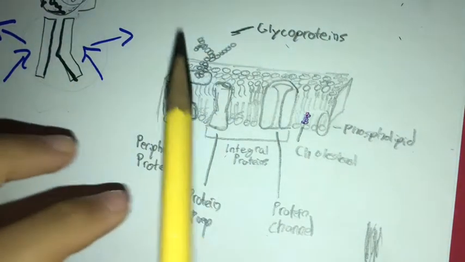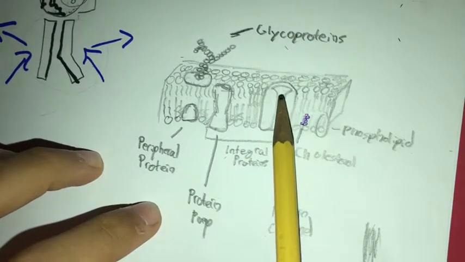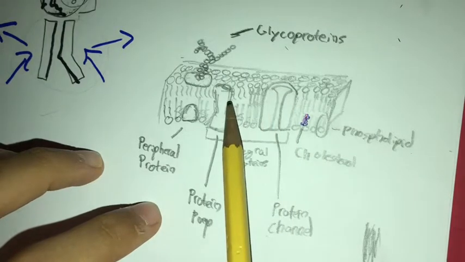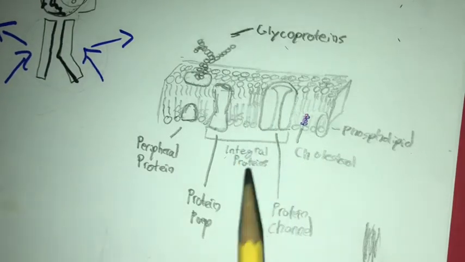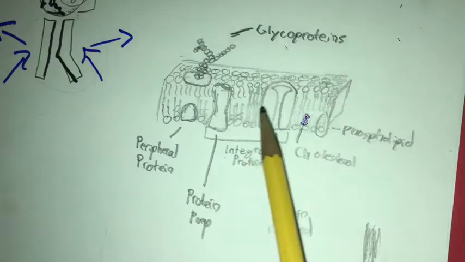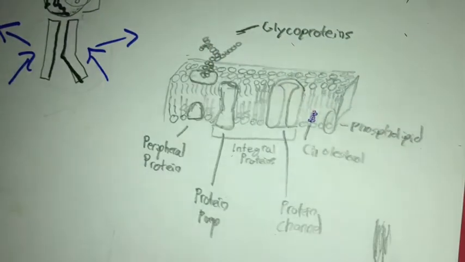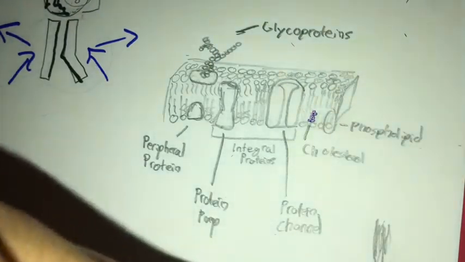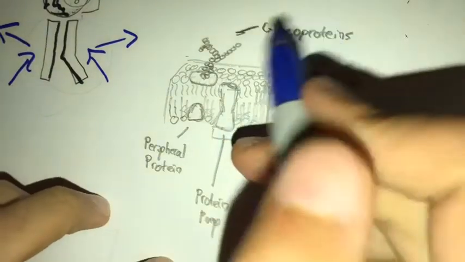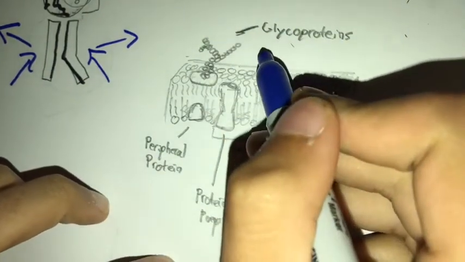So the protein pump, for example, is an integral part of active transport. So if an ion is trying to come into the cell, right?